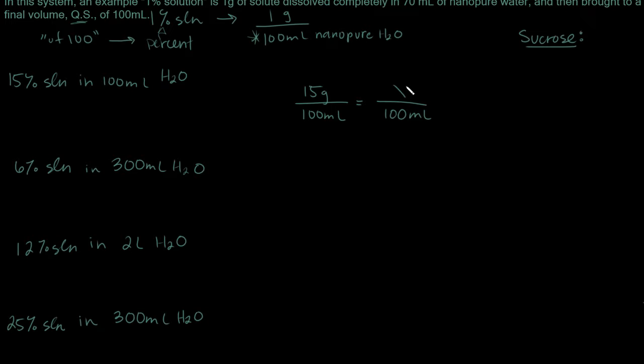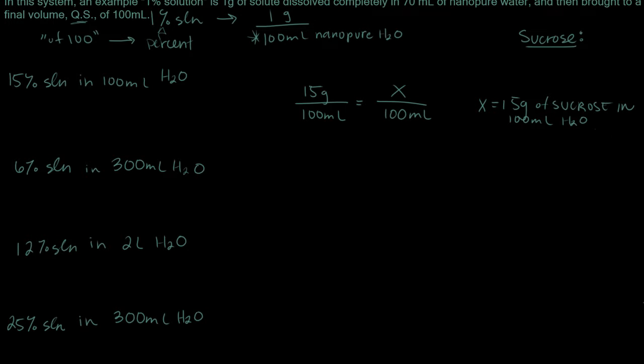Now, this one's pretty straightforward. It was pretty much given. 15 grams over 100 mil is equal to what over 100 mil? Well, the only thing x can be equal to is 15 grams of sucrose in 100 milliliters of H2O.